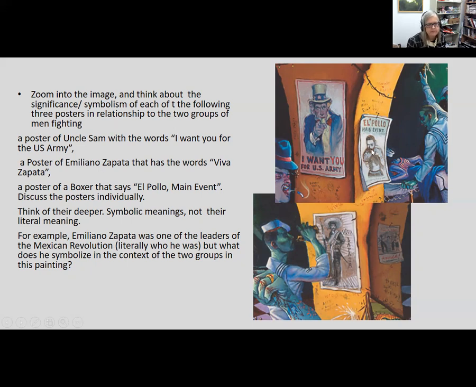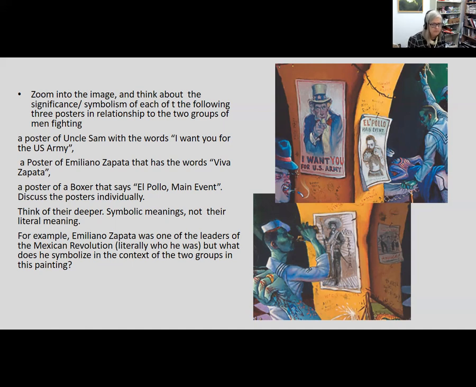And then finally, there's a third poster of a boxer that says "El Pollo, main event." You're not going to clump all these posters together when you talk about them. You're going to discuss them individually, and you're going to think of their deeper symbolic meanings, not their literal meanings.